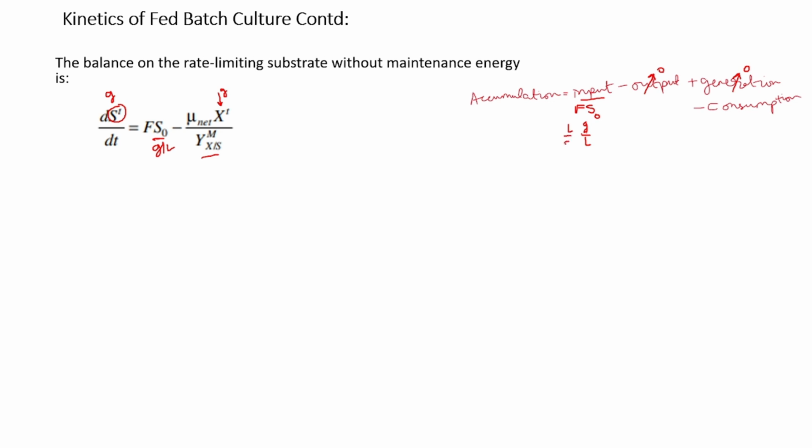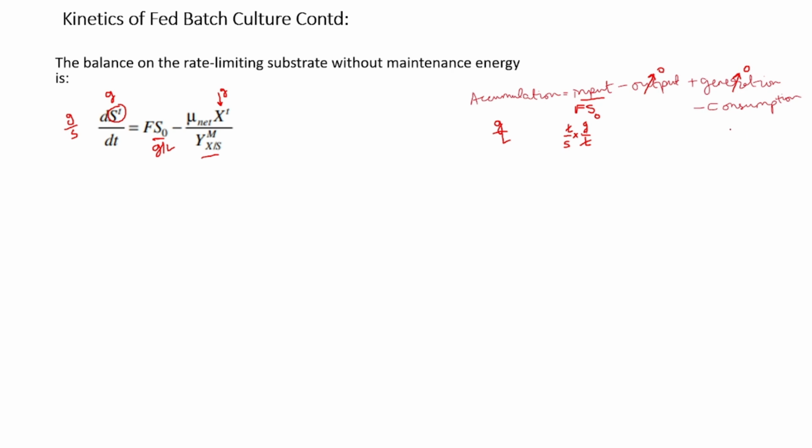So if you multiply these, liter will be cancelled, and you will get grams per second, which is the unit of mass per second. Okay, here what is the unit of the left hand side? dS^T/dt, grams per second or grams per unit time. Okay, so you get F S0.